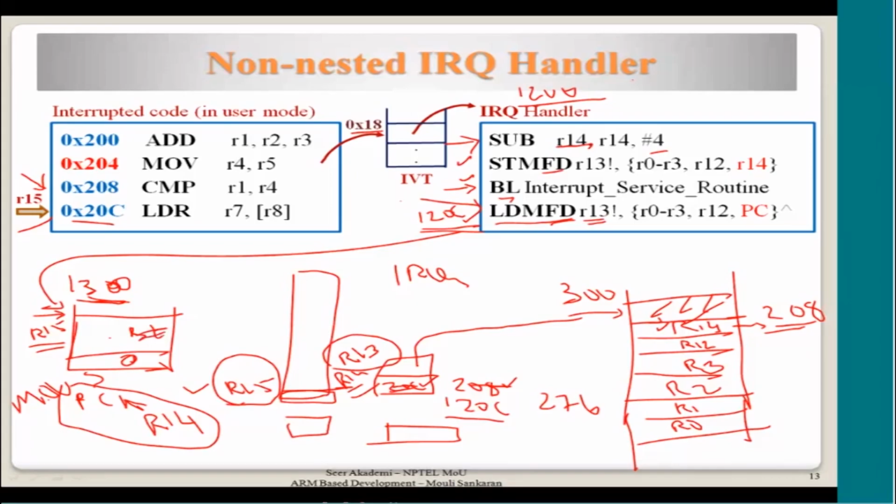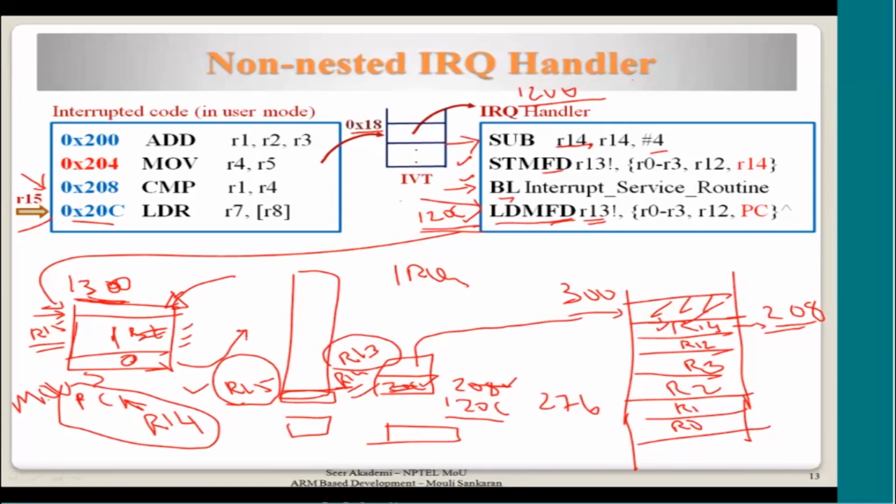So R13, if there is no stack operation done here, is the same; if it was done, it should be restored. Please remember, if any subroutine is touching the stack, suppose after entering the subroutine it is pushing something into the stack, before leaving the subroutine it should pop those values.